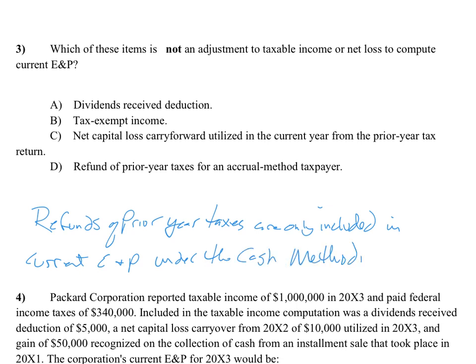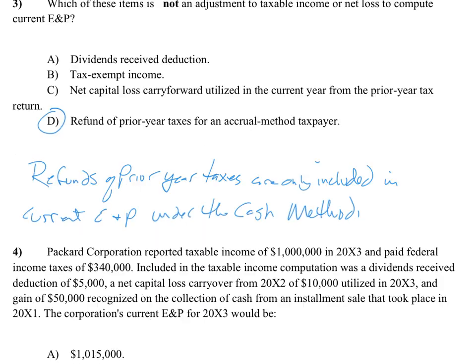Okay, so only under the cash method. So then in this situation, your correct answer, which one of these things is not an adjustment to taxable income or net loss to compute current E&P, is option D.